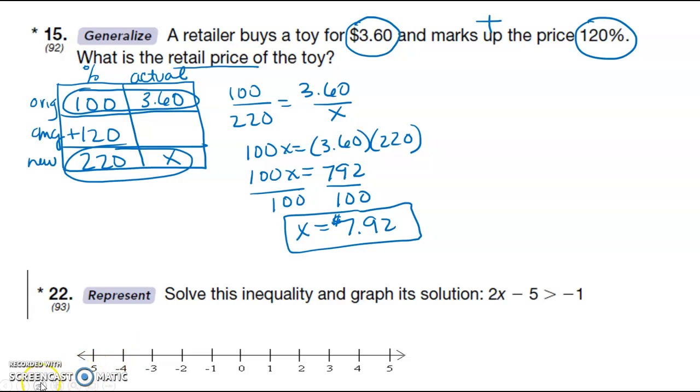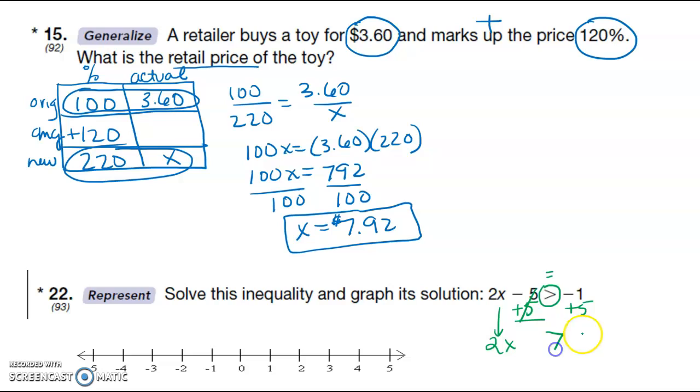Okay, solve this inequality and graph its solution. So just keep in mind, we're going to keep this, it's kind of like an equal sign. So the first thing we're going to do is add or subtract. Right now we're subtracting 5, so we need to do the opposite of that to both sides. The 5 is going to go away, the 2x comes down.